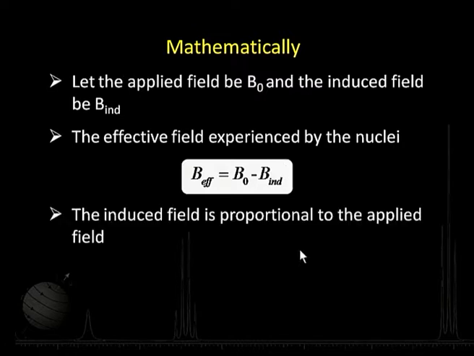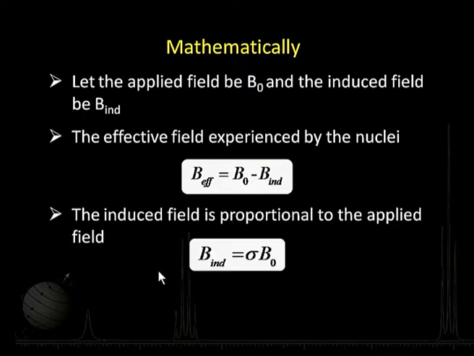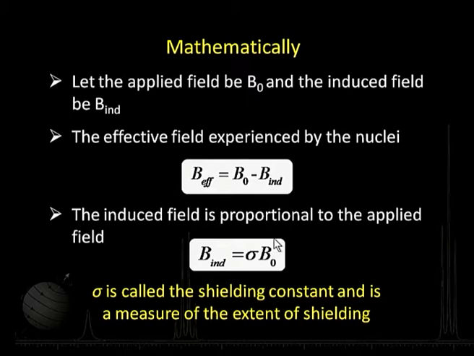The second thing we have to take note of is that this induced field, generated by the circulating electrons, is proportional to the applied field, that is, B induced can be given as sigma B naught, and sigma is called the shielding constant.